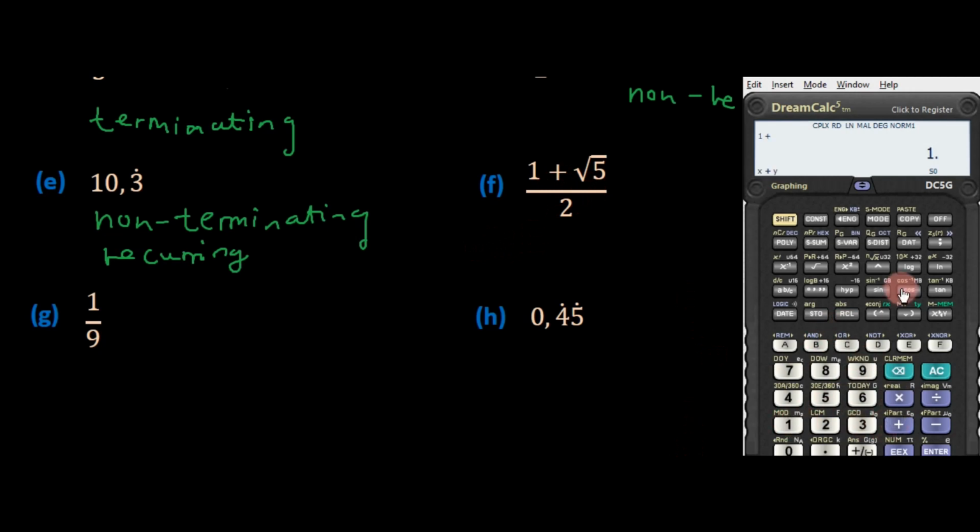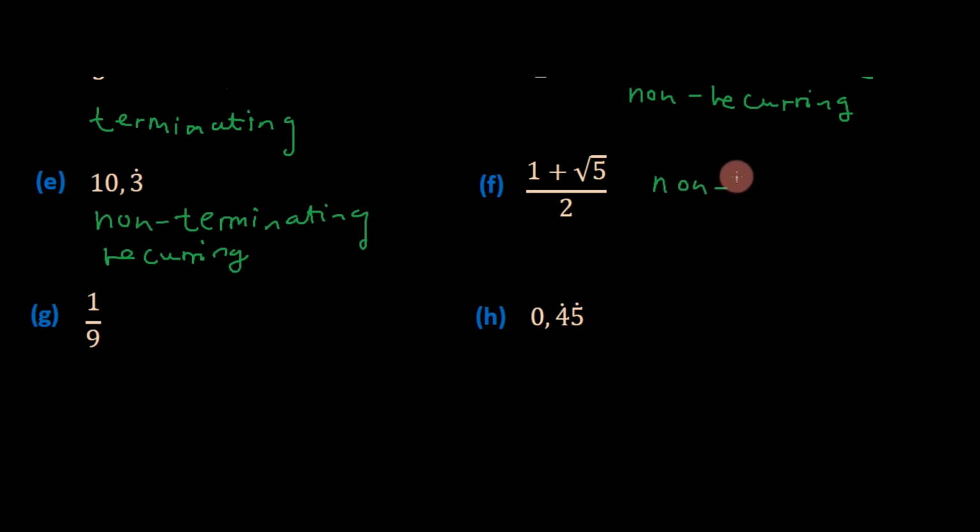So 1 plus square root 5, divided by 2. It's non-terminating and non-recurring.